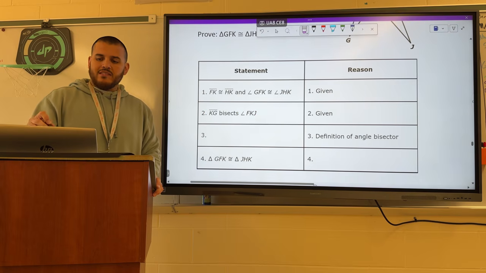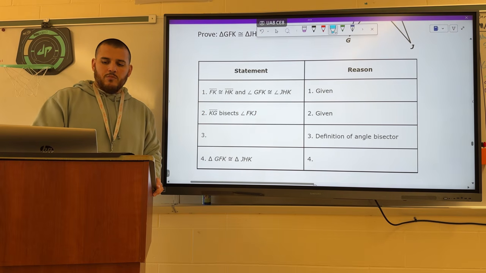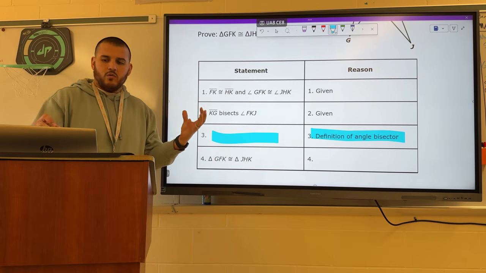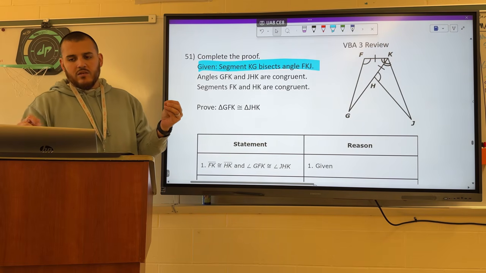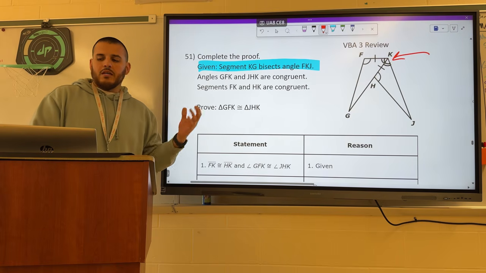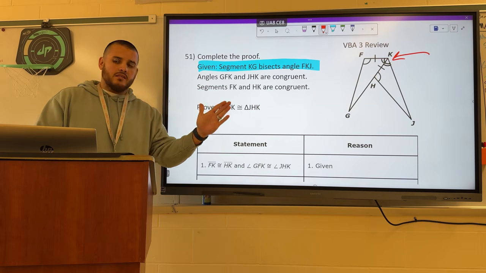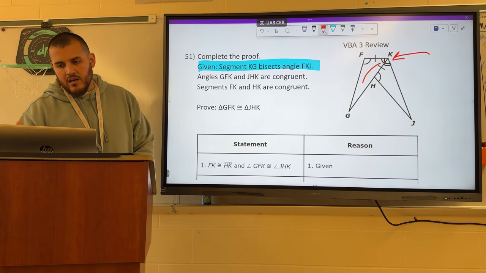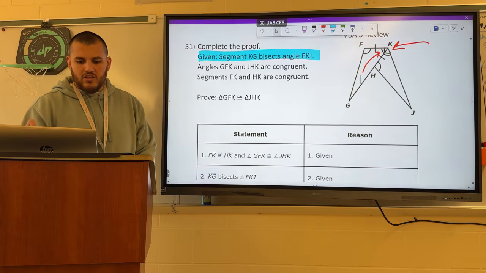All right, now the next thing that is stated in our proof is true because of the definition of an angle bisector, and I just kind of went over this, that those angles up here have to be congruent to each other because the bisector cuts that angle in half. So this angle right here is angle FKH.